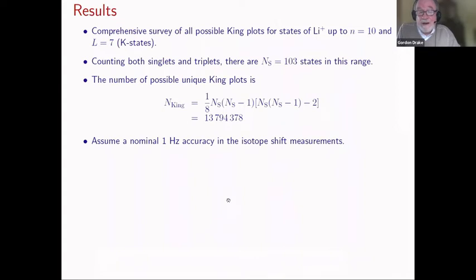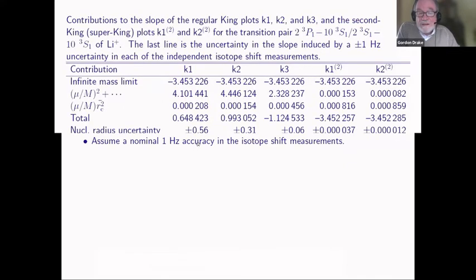We've calculated all possible King plots for lithium plus up to n equals 10 and L equals 7, and counting both singlet and triplet states, there are almost 14 million possible King plots. And so we ran our computer program for all 14 million, assuming a 1 hertz accuracy for isotope shift measurements in order to find the ones that are most sensitive.